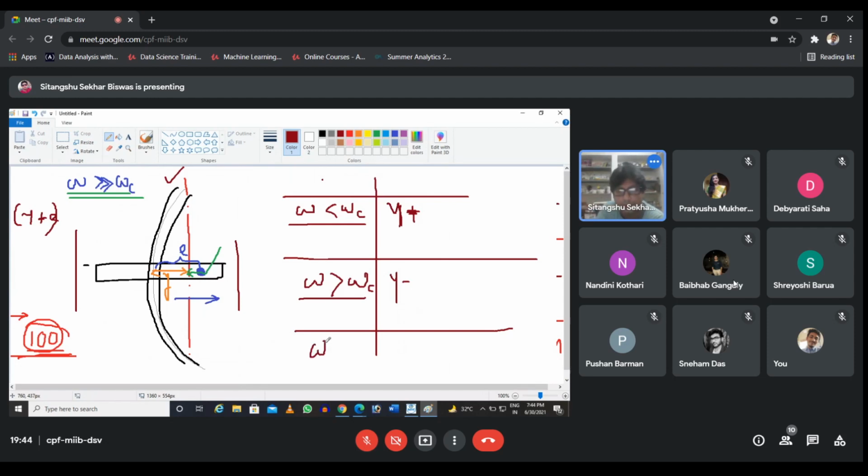And if omega is much higher than omega c, that is basically the modified case of this; y will be negative at that time. And you see, if you increase omega further beyond the critical speed, then your denominator will become more negative.